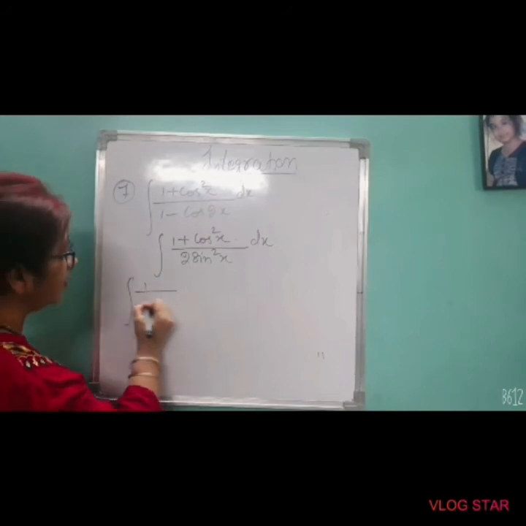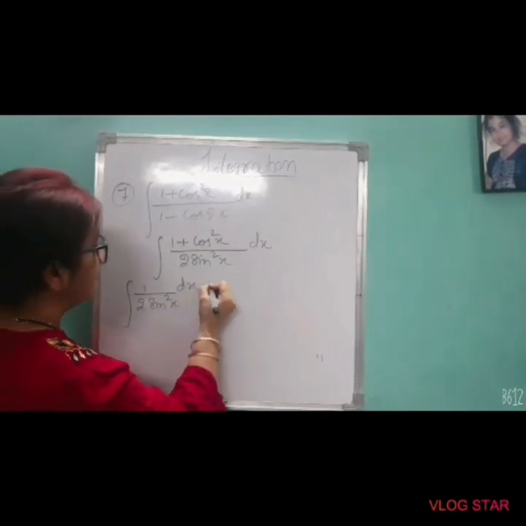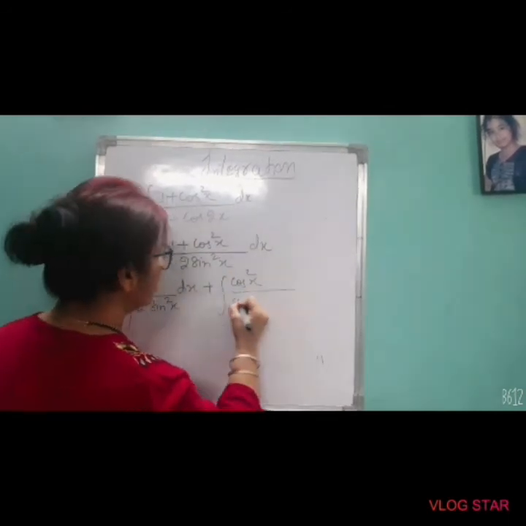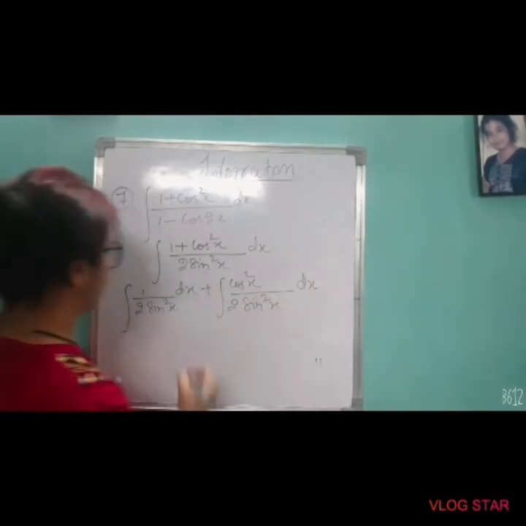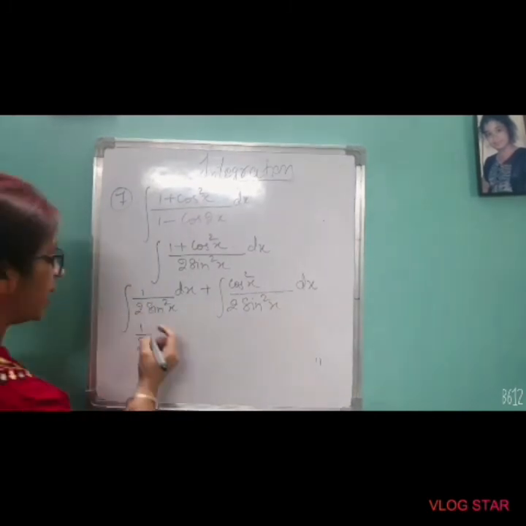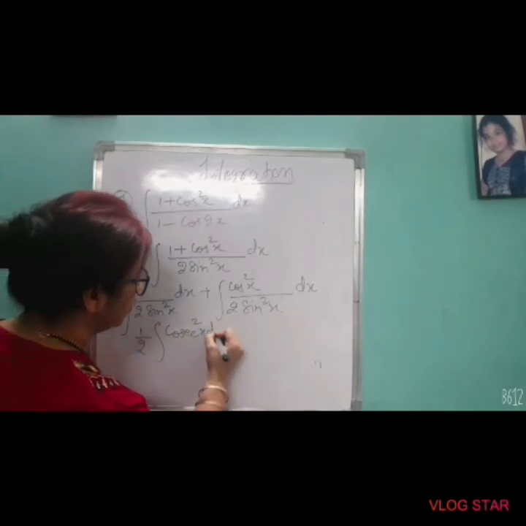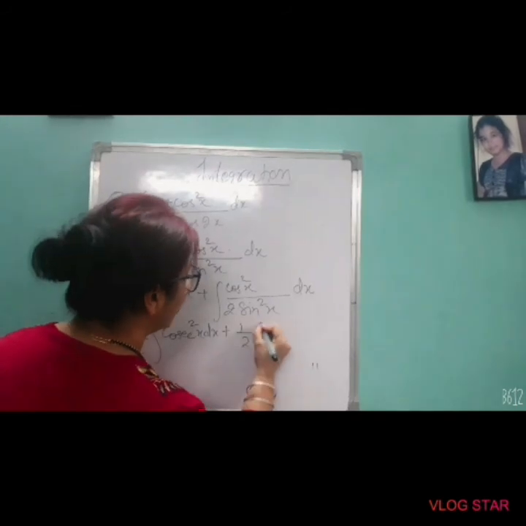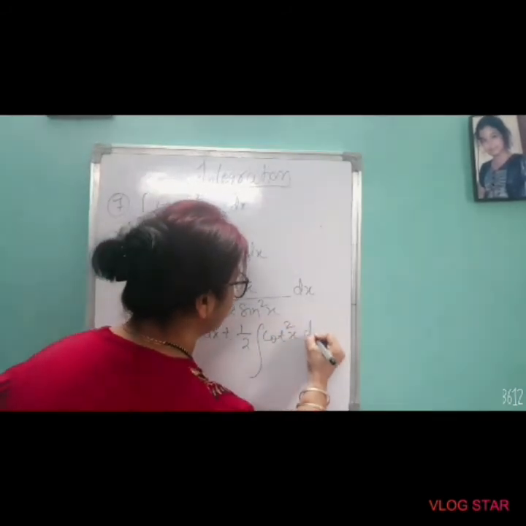It becomes 1 by 2 sin square x into dx plus cos square x by 2 sin square x into dx. Now 1 by 2 I am taking out. 1 by sine square is cosec square x into dx, plus 1 by 2, cos by sine is cot, so it becomes cot square x into dx.